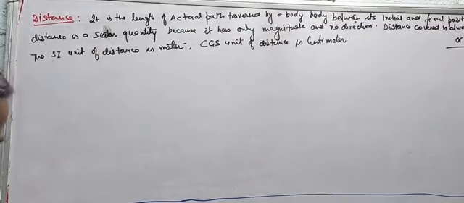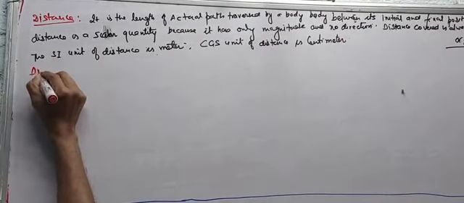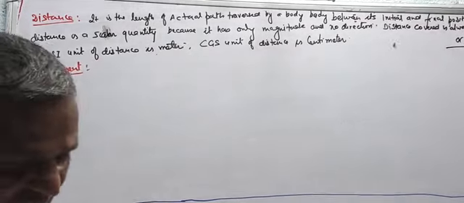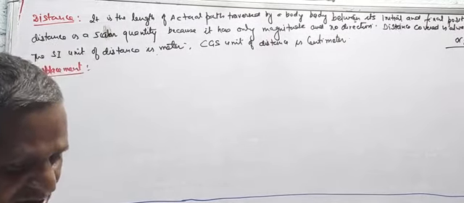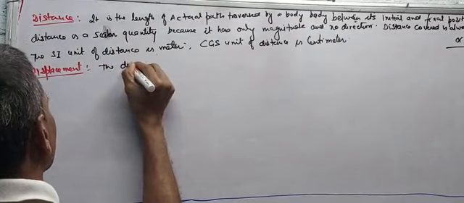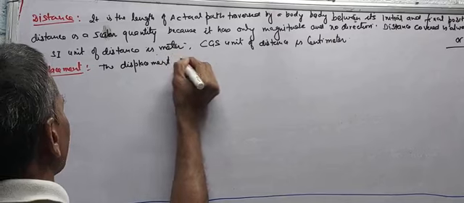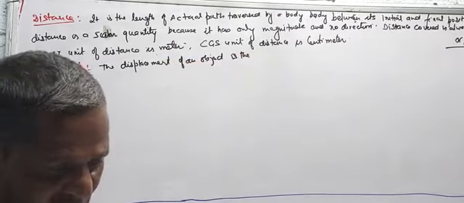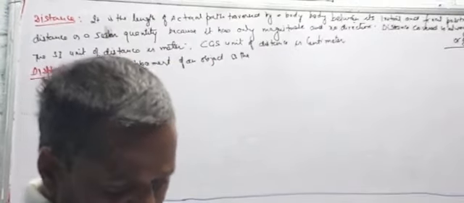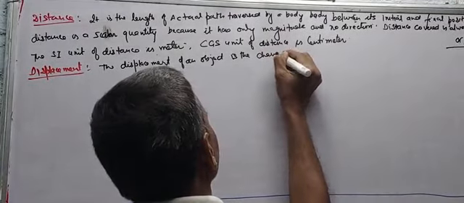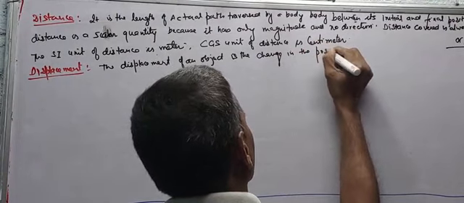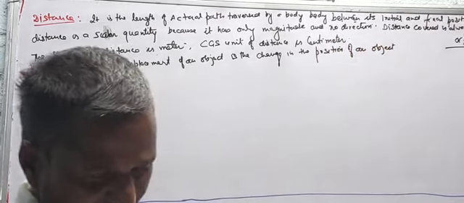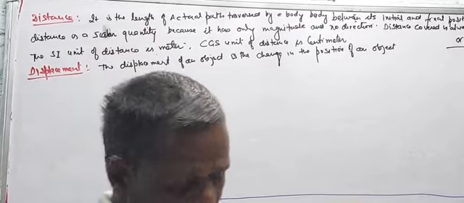Our next heading is displacement. The displacement of an object is the change in the position of an object in a fixed direction.